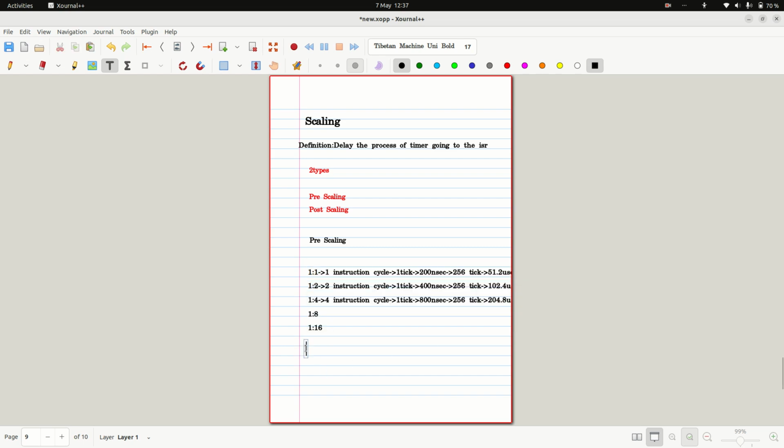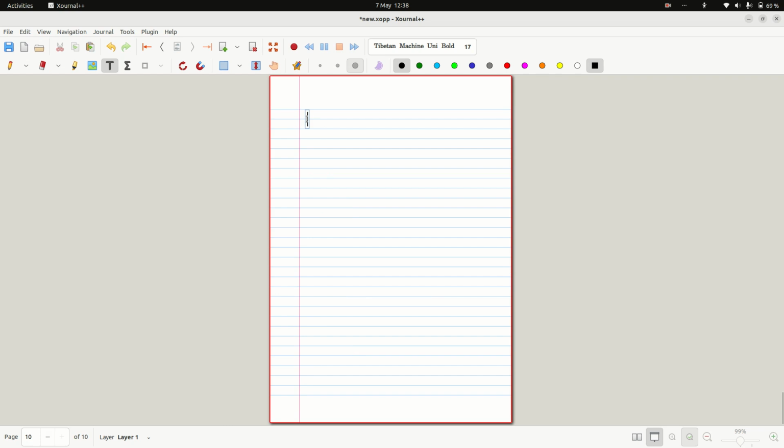So, what is post-scaling? Let's discuss post-scaling. After how many overflows is an interrupt generated? In pre-scaling we have 1:1, 1:2 like that.